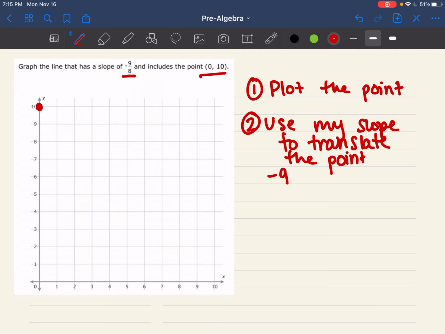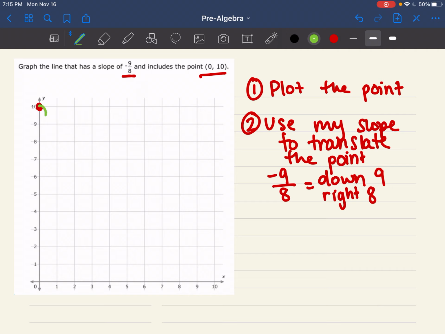So -9/8 was my slope. Remember, if we're going -9, we're not going to go up 9. We're going to go down 9. And +8, that means we're going to go to the right 8 units. So now we have to count.